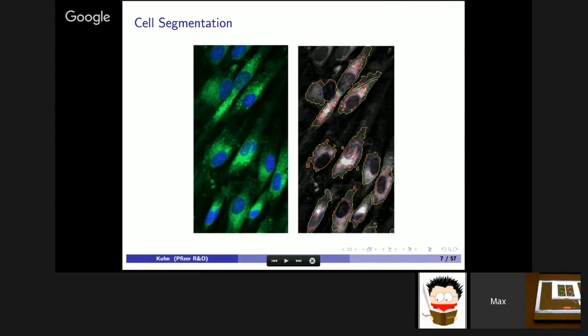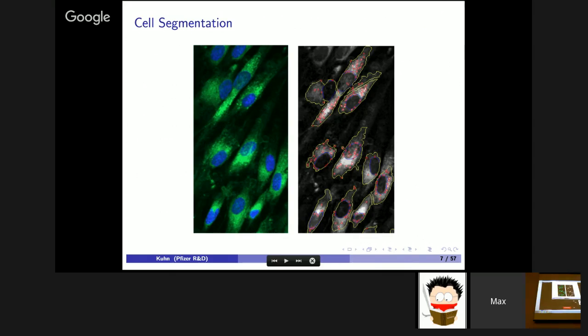In this instance, the green is highlighting a part of the cell that's in the cytoplasm, so it demonstrates where the cell body is. The part that's stained blue, I think, is staining RNA, so it's basically measuring where the nucleus is. When you see something that's blue, you know that's where the nucleus is. When you see something that's green, you know there's part of the cell body there.